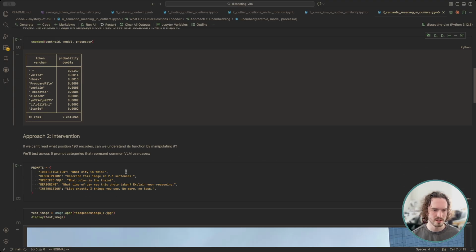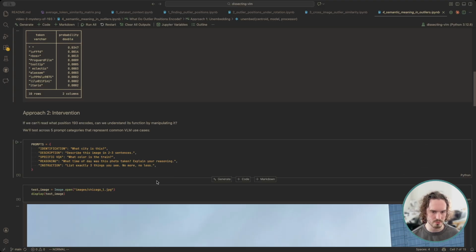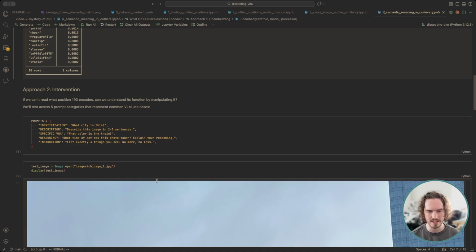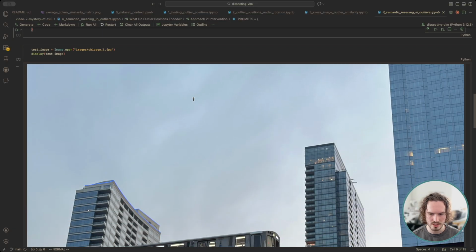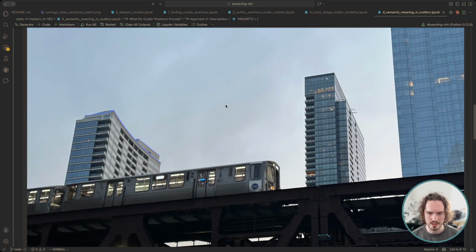So if we can't read what 193 encodes, can we understand what it does by manipulating the model? To do that, I have 5 different prompts across different areas that are meant to represent different VLM use cases, and we have our test image of the L in Chicago.